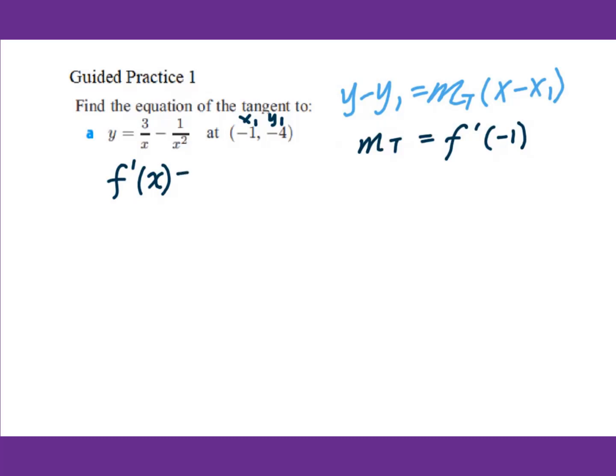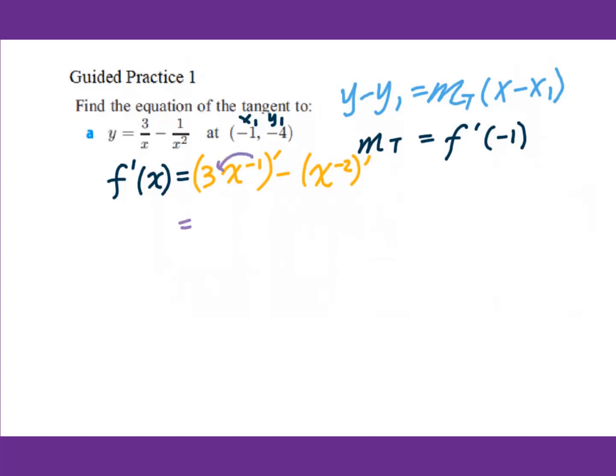We need to get the derivative, f prime of x. Make sure every term you turn into power form. So 3 times x to the negative first power, we do the derivative, minus x to the negative second power, we do the derivative.